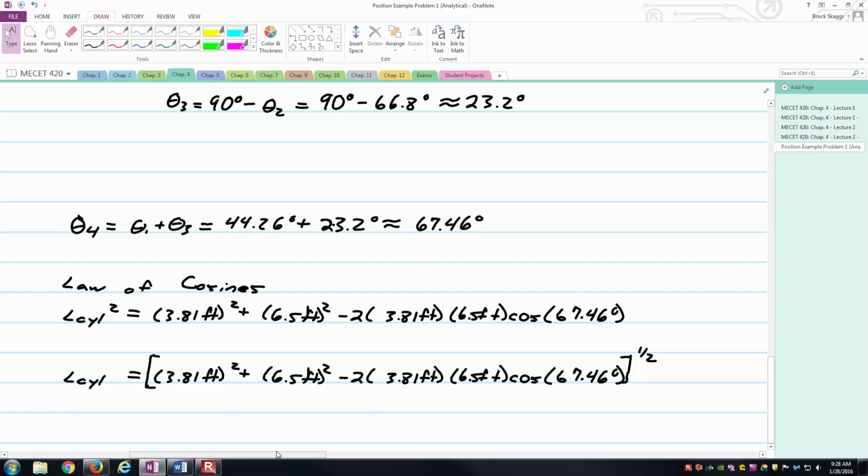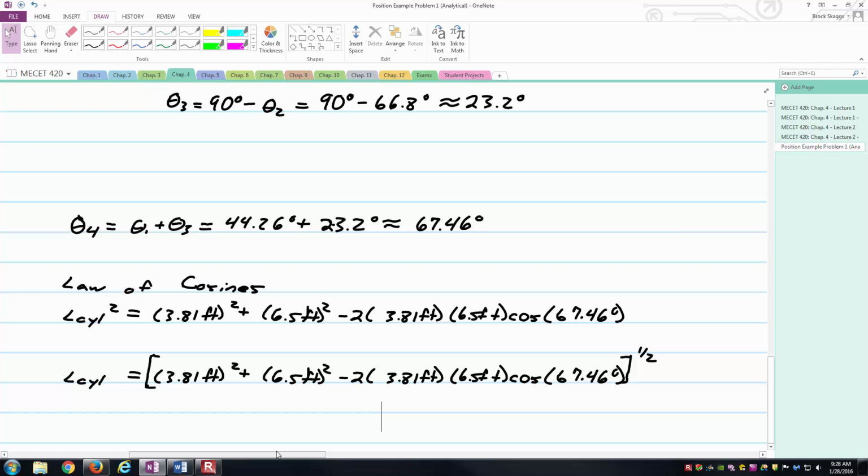So you got 3.81 squared plus 6.5 squared minus 2 times our 3.81 times the 6.5 times the cosine of the included angle, which is 67.46, and then take the square root of that.